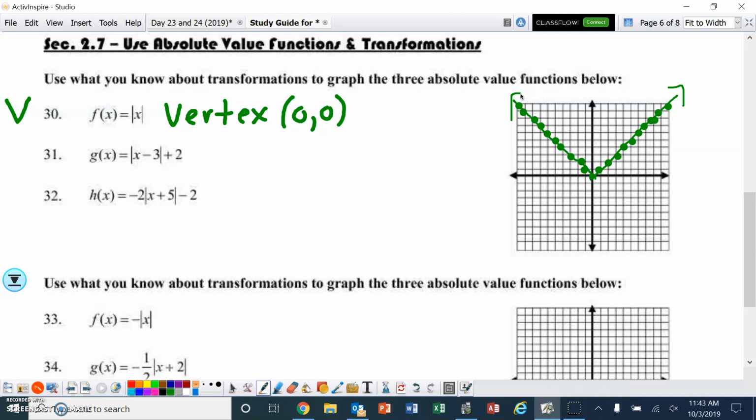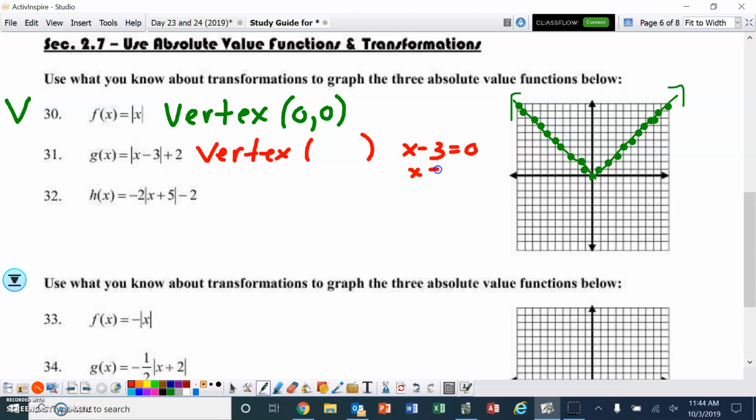Now, number 31, let's do that one in red. So number 31, based on what's inside the absolute value and what's on the outside, we can determine the vertex, which is our starting point. So in this problem, remember, whatever's inside the absolute value, we ask ourselves, what makes x minus 3 equal to 0?